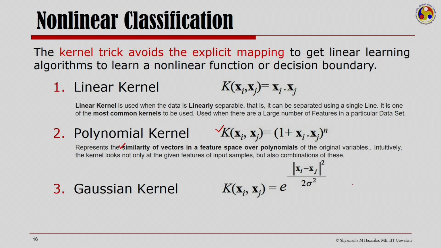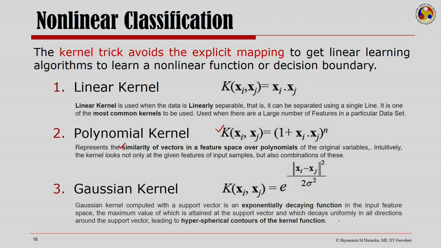So, the Gaussian kernel is an exponentially decaying function in the input feature space, and the maximum value of this is attained at the support vector, and they decay uniformly in all directions around the support vector, leading to some hyperspherical contours of the kernel function.